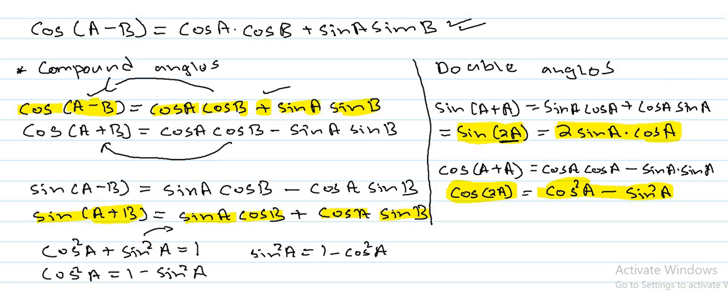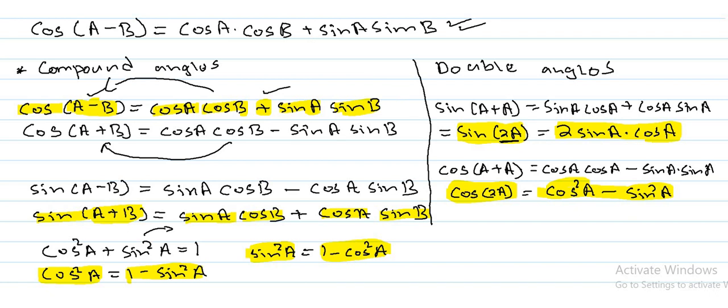Every time you see sine squared of any angle or cos squared of any angle, in this case the angle is A, you can express it using this identity.